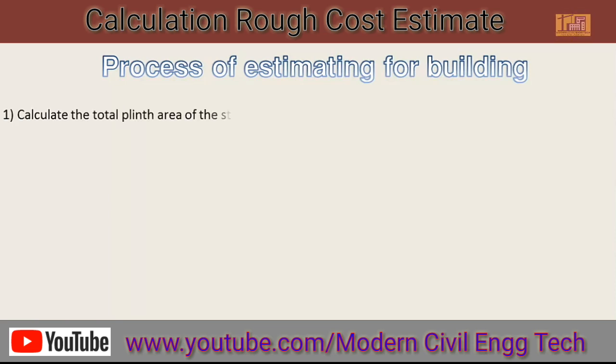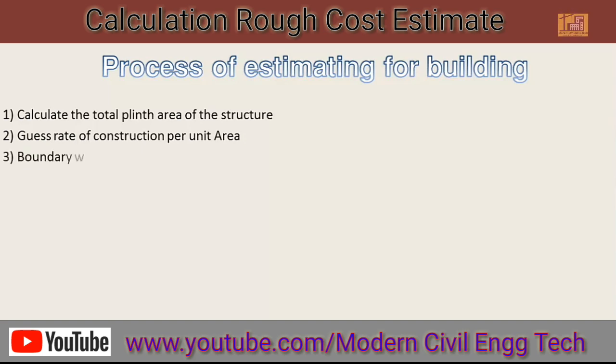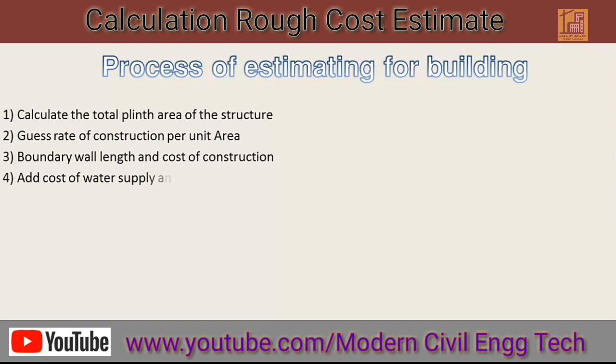The first requirement is to calculate the plinth area of the structure, and the second is to gauge a rate of construction per unit area, and the third is boundary wall length and cost of construction, and the fourth is to add cost of water supply and sanitary about 8%.